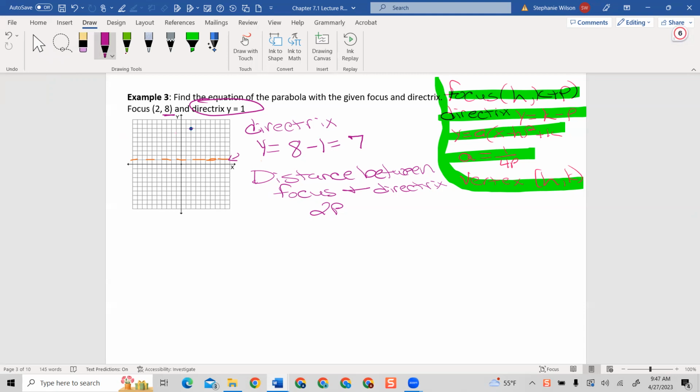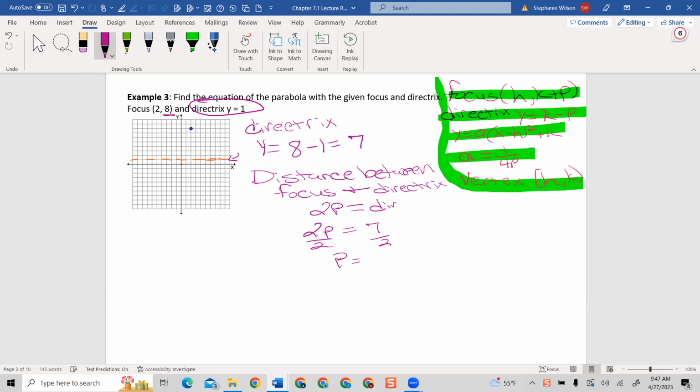All right, now that I know that, let's solve for this right quick, my apologies. So I have 2p. I'm going to set it equal to my directrix. And if you want to write this out, you could, which is 2p is equal to 7, divide by 2.